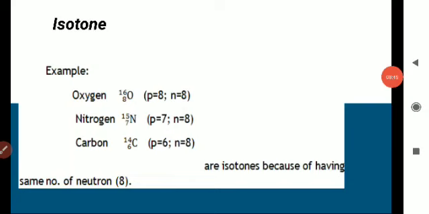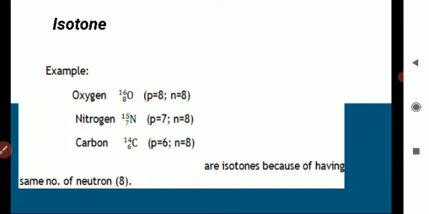And the last one is isotone. It is not mentioned in your NCERT book, but still I think you should know this as well. Isotopes mean the protons are the same and neutrons are different. That is, mass number is different, atomic number is the same.